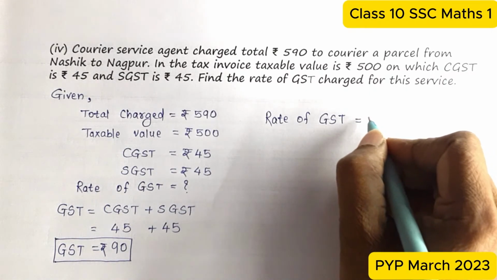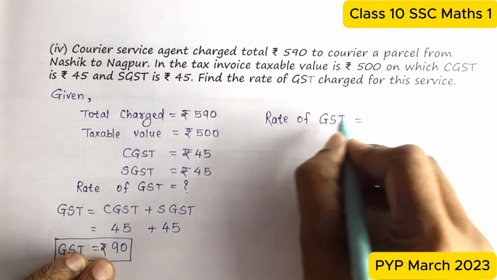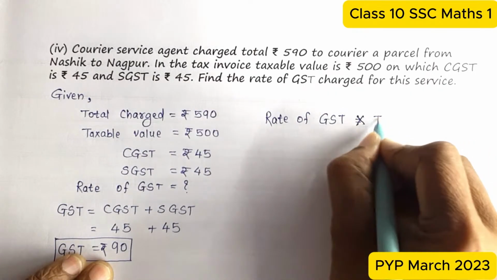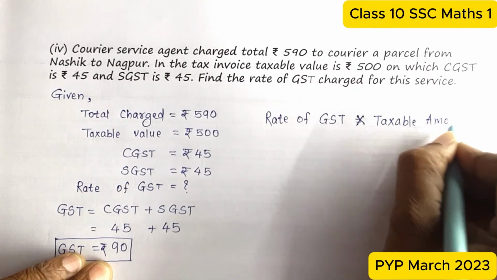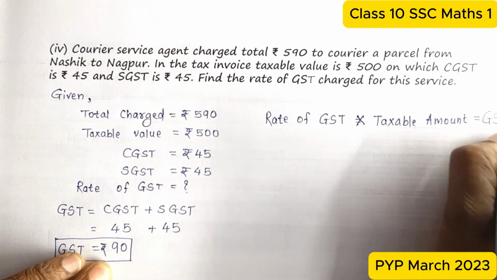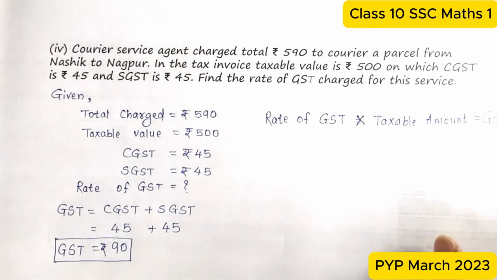Rate of GST multiplied by taxable amount is nothing but the GST. We can calculate the GST in this way. This is the formula to calculate the GST.